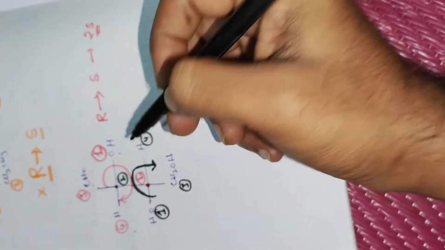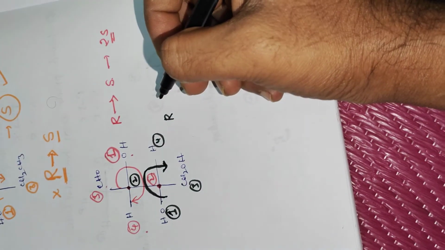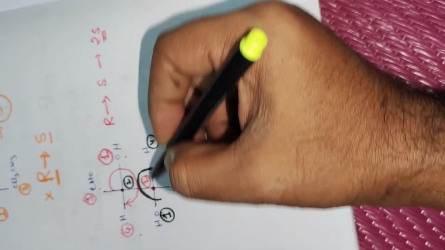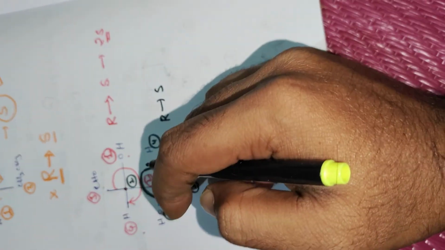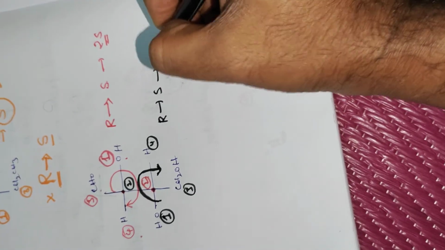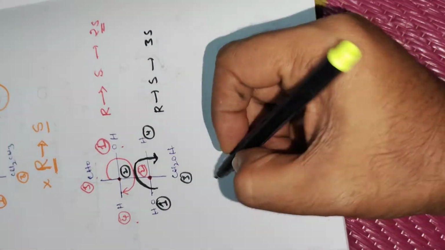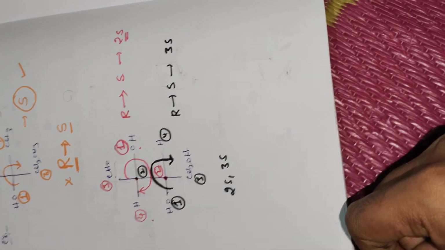Yes, this is also a clockwise direction. Clockwise direction is the rectus or R configuration, but here the fourth priority group is present on the horizontal line, so it converts into S configuration. Here this is the third carbon, so that configuration is 3S. That means the configuration of this compound is 2S, 3S.